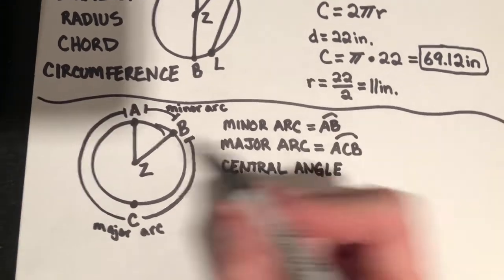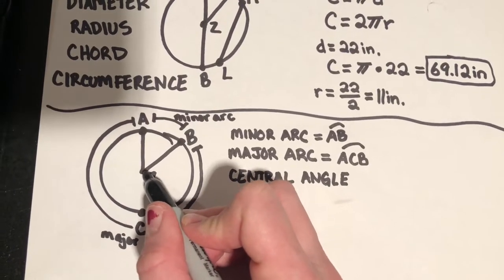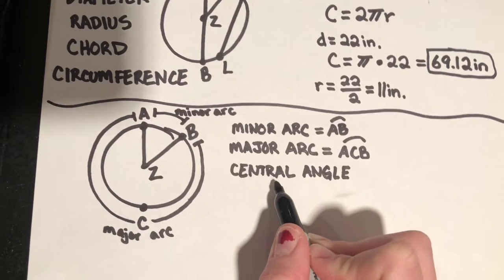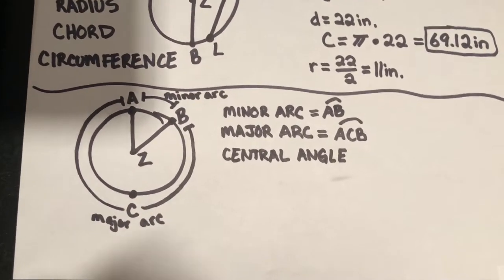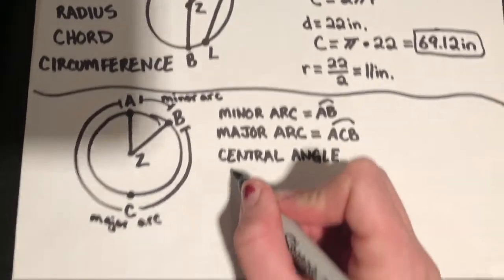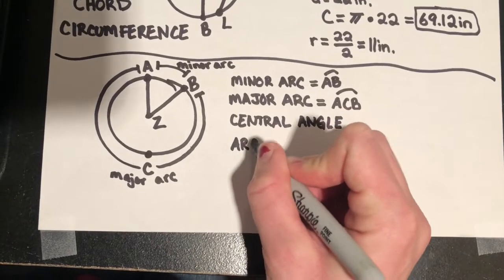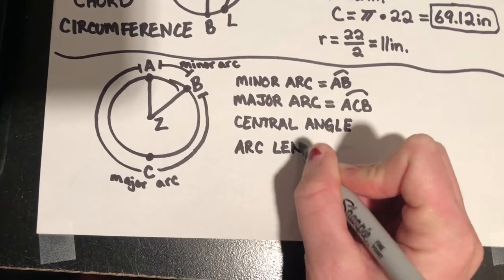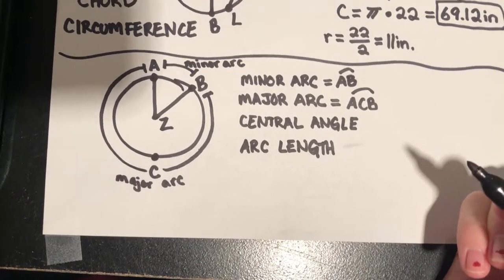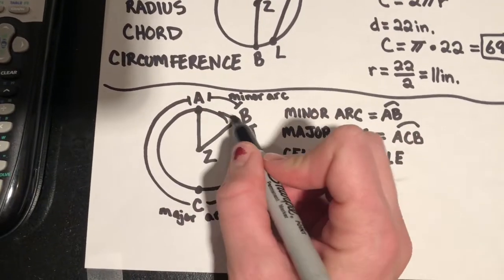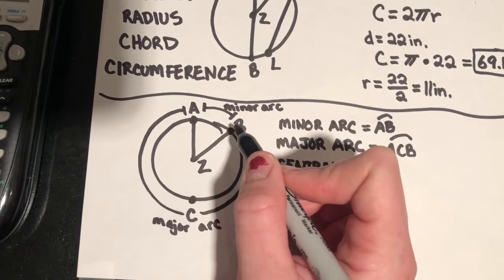It has its vertex at the center of the circle, which is why it's called central, and it's an angle. Now, that central angle is going to be important because of something we call arc length. Arc length. Now, arc length is the literal length of this arc, AB.